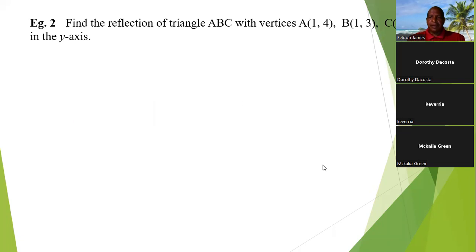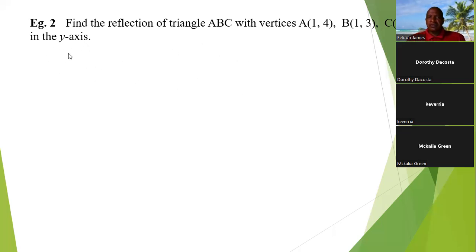Look at this example now. Find the reflection of triangle ABC with vertices 1, 4, 1, 3, and so it's the same vertices, but this time they wanted to have a reflection in the y-axis. Now, what I want you to do the calculation quickly for me.